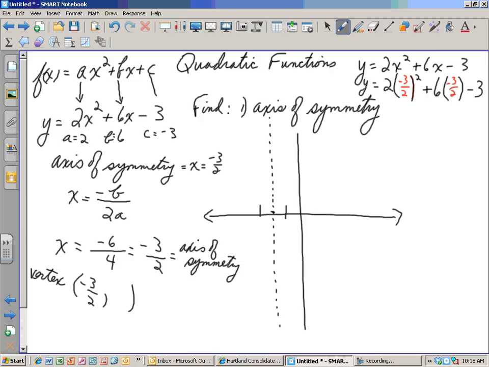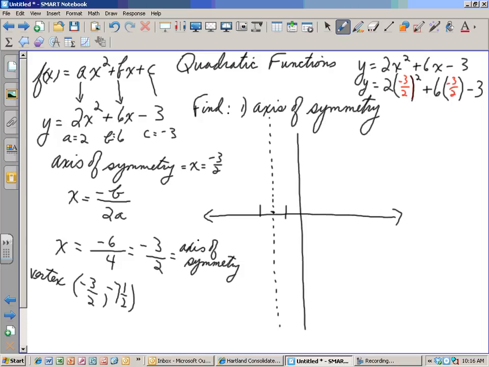You see what we did? Negative 7.5. That's your vertex.